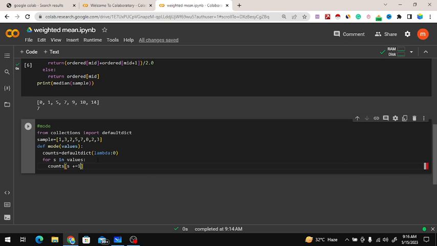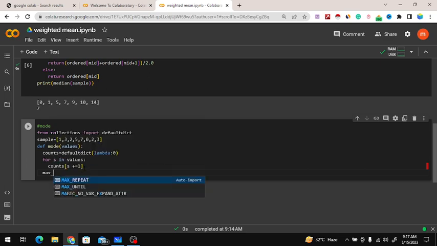And then we will create one more, max underscore count. It has been created as max.